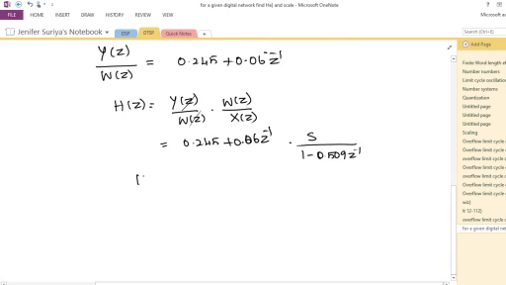So the transfer function H of Z is S into 0.245 plus 0.06 Z inverse divided by 1 minus 0.509 Z inverse.